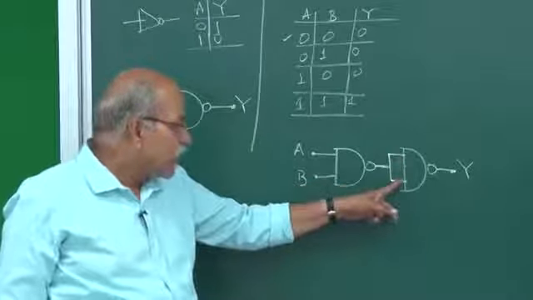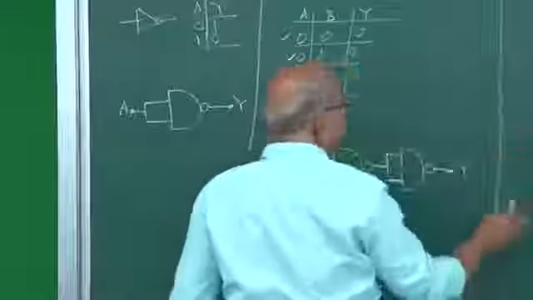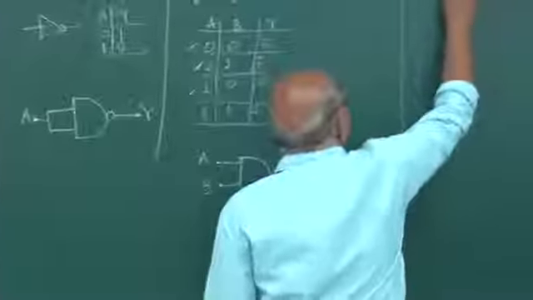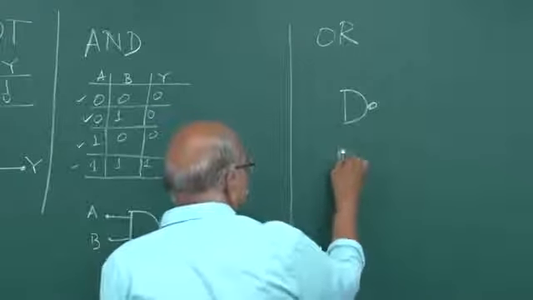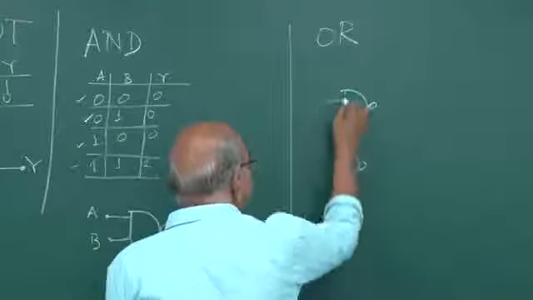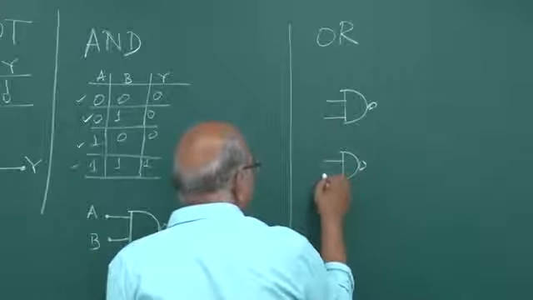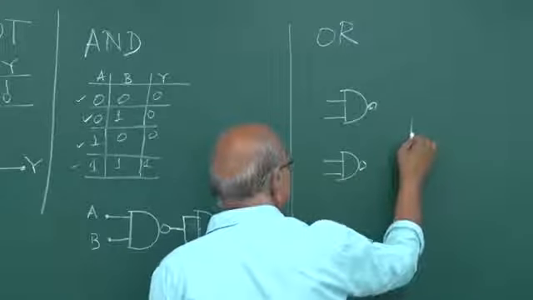With 2 NAND gates you can make AND gate. And then OR. Let us see how do I get OR gate. For this I need 3 NAND gates. One is here, one is here, and one is here.